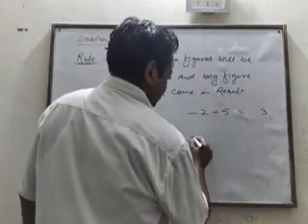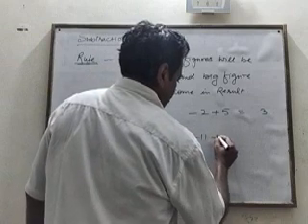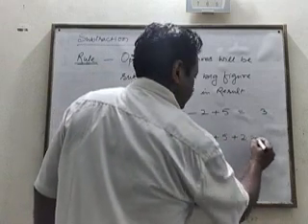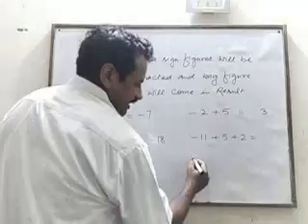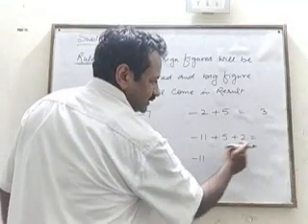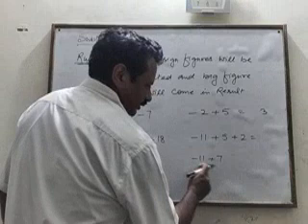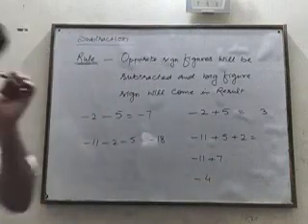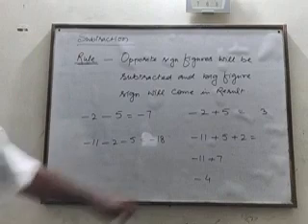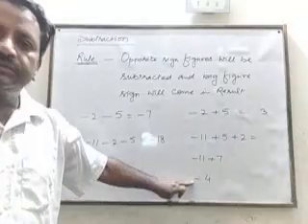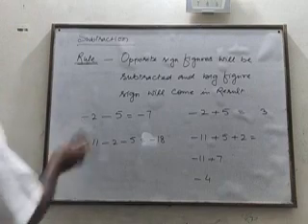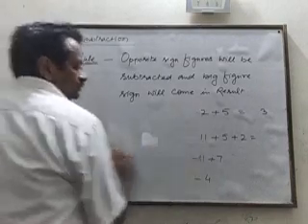Whereas minus 11 plus 5 plus 2: minus 11 and plus 5 plus 2 makes plus 7, now they will be subtracted, minus 4. After subtraction, the big figure's sign will come in the result. So this is how we do the subtraction.